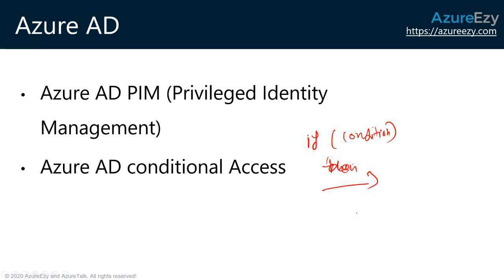For example, if a user is part of a company, if the user's company equals some company ABC, then ask for MFA. They have to authenticate using multi-factor authentication.